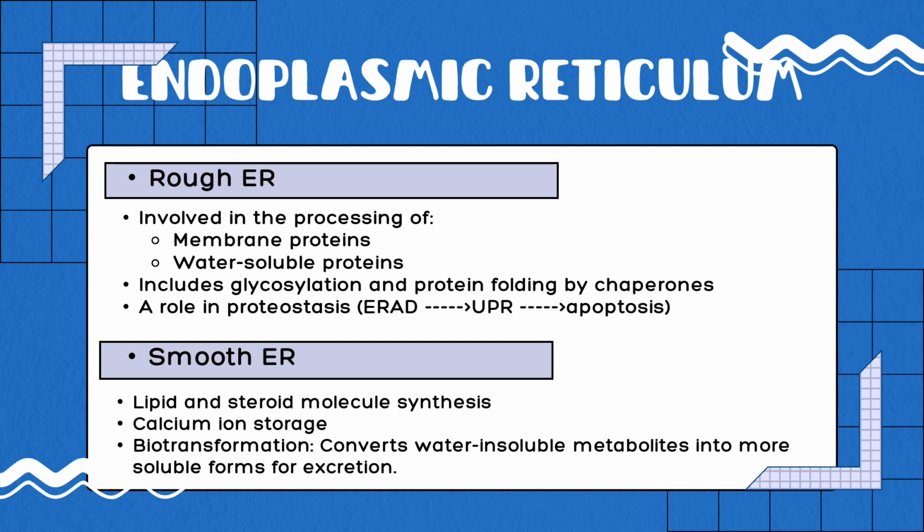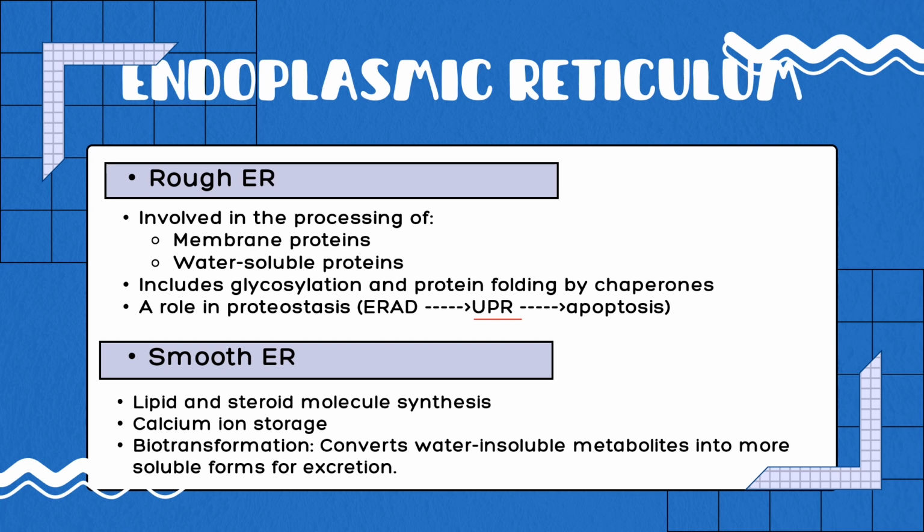Now, if the proteotoxic stress cannot be managed by the ER-associated protein degradation, then we move to the unfolded protein response. The unfolded protein response is where you have too much proteotoxic stress, and what this results in is that the ER sends chemical and signal molecules to the nucleus to stop producing mRNA so that we can stop producing proteins overall, to prevent the process of protein synthesis.